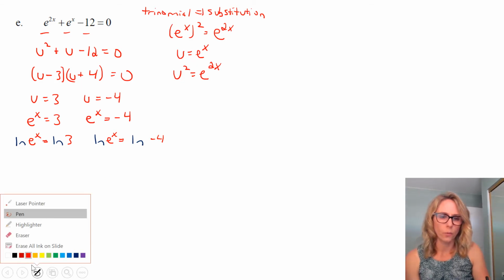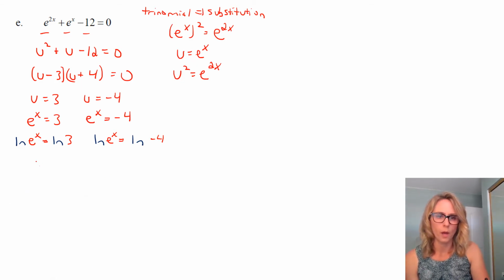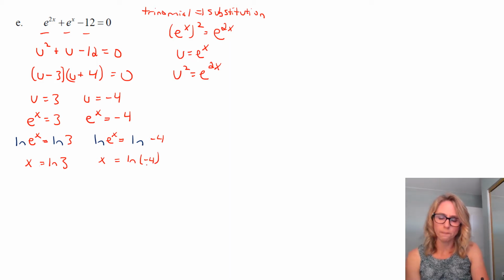Okay, so notice that this will immediately simplify to just x, and that equals ln 3. The other side will also simplify to x, but we have ln negative 4.